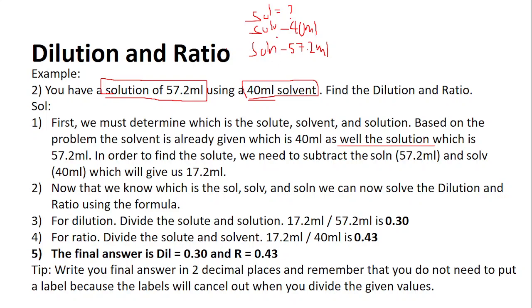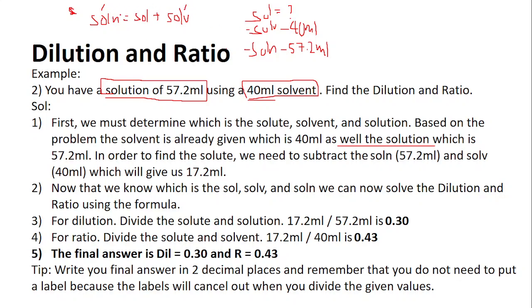Now in order to solve for solute, we will just manipulate the formula for solution. Again, the formula for solution is solute plus solvent. Okay, i-manipulate lang natin ito na formula, makakahanap tayo ng formula for solute. Again, given si solution, given din si solvent.